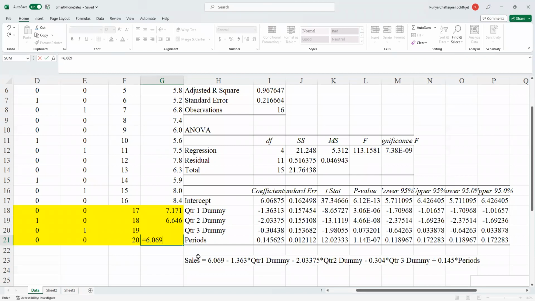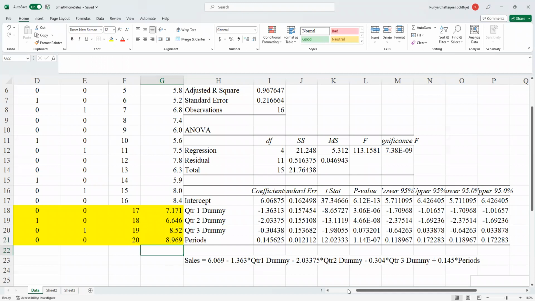Finally, the last quarter's forecast is 6.069, and all the quarter dummies are going to be 0. So minus 1.363 multiplied by 0, minus 2.033 multiplied by 0, minus 0.304 multiplied by 0, plus 0.145 multiplied by 20.